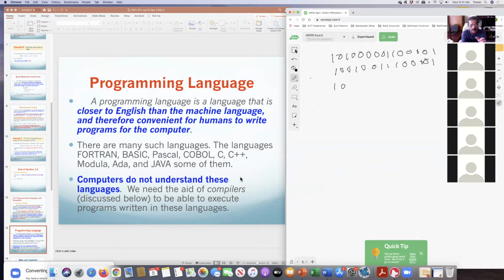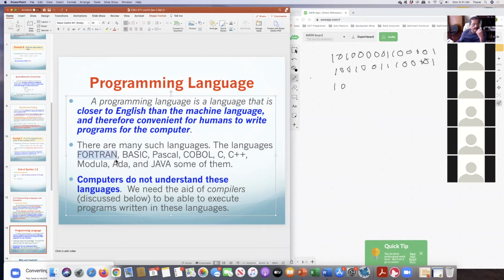I will explain how exactly the programming language can be used in a minute, but let's understand these languages. The very first language they designed was called Fortran. It stands for the words formula translation. Essentially, it's designed to work well for scientific computer programming, and that's why it's called formula translation.